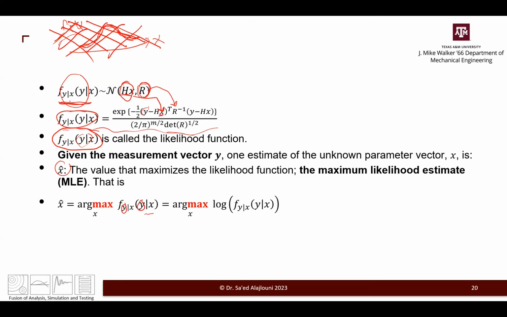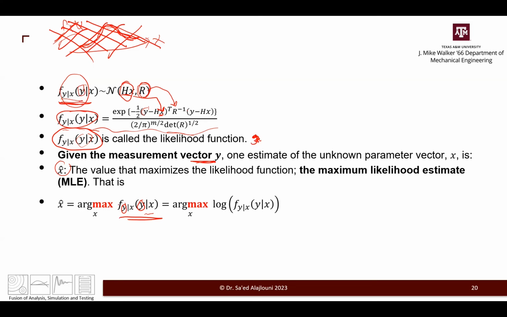The function here that is Gaussian is a function of y. But once we plug in y and we don't know x, it's a function of x, and that's the likelihood function. It's given y, but now we want to estimate x.